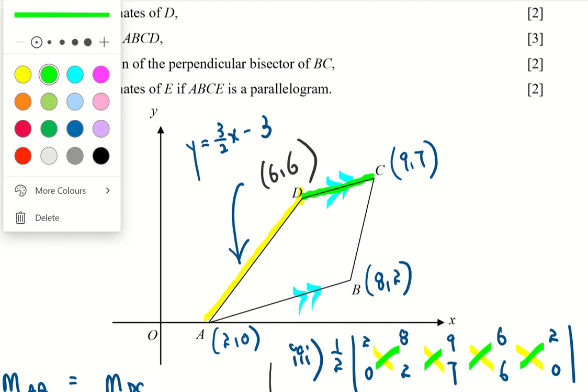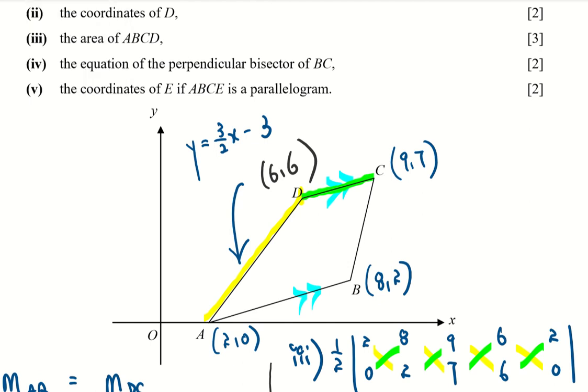Moving on to part 4. It seems that in part 4, our job is to find the equation of the perpendicular bisector of BC. Let me locate BC. Alright, I will need the perpendicular bisector, meaning it must pass through the midpoint of BC at 90 degrees. So let us find the midpoint of BC followed by the gradient later.